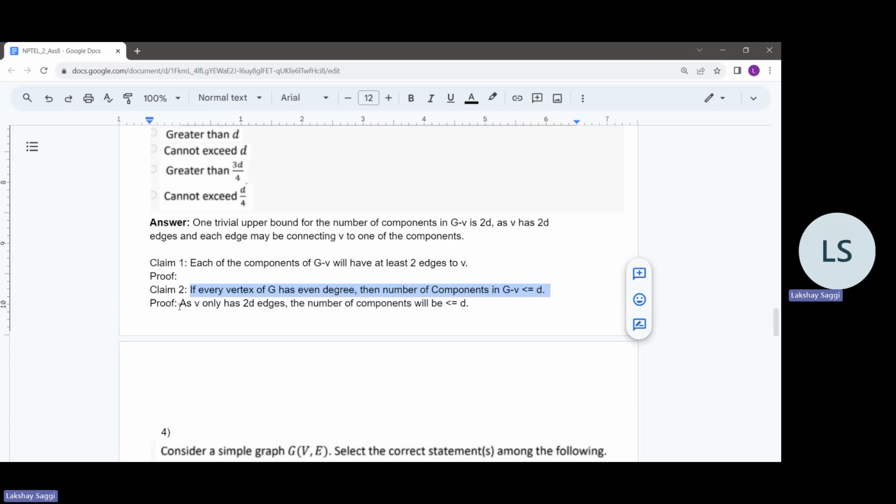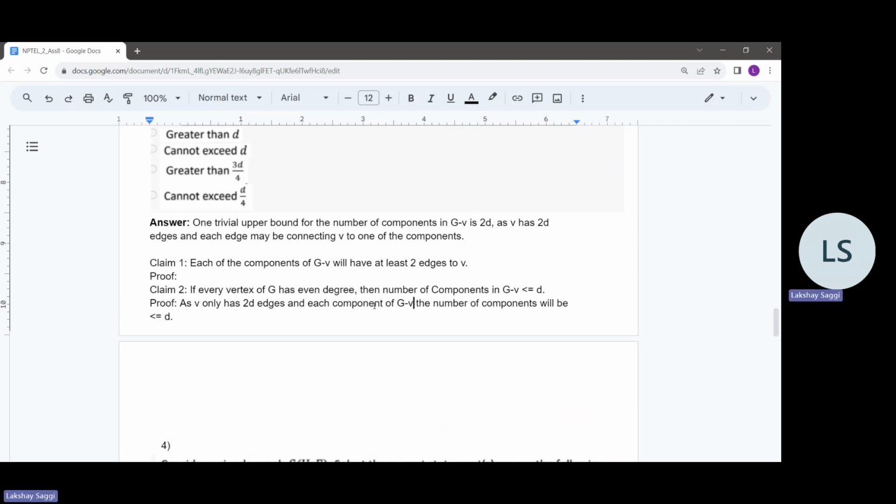And why is this the case? As V has only 2D edges, and each component of G minus V has greater than or equal to two edges incident to V, by claim 1, the number of components will be less than or equal to D. So this is straightforward maths.